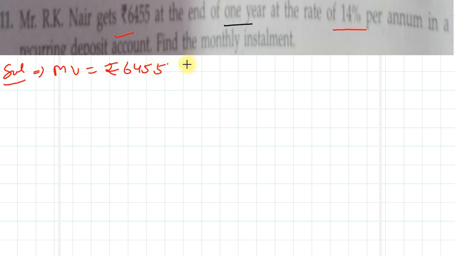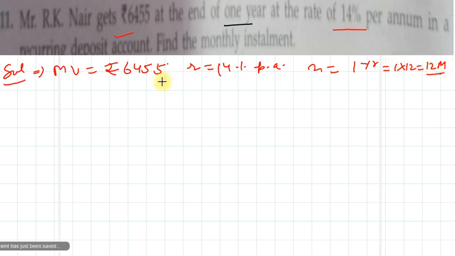Rate is 14% per annum, and we have to find out monthly installment, right? n is equal to 1 year equal to 1 into 12 months, right?